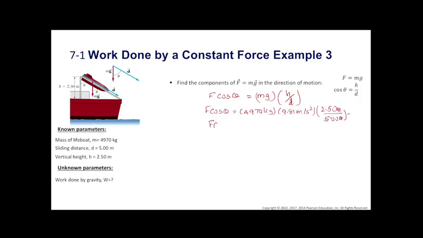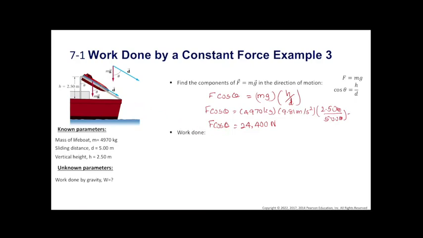Therefore, F cos theta is equal to 24,400 newtons. Now we can find the work done because we know the component of force in the direction of displacement, which is F cos theta.